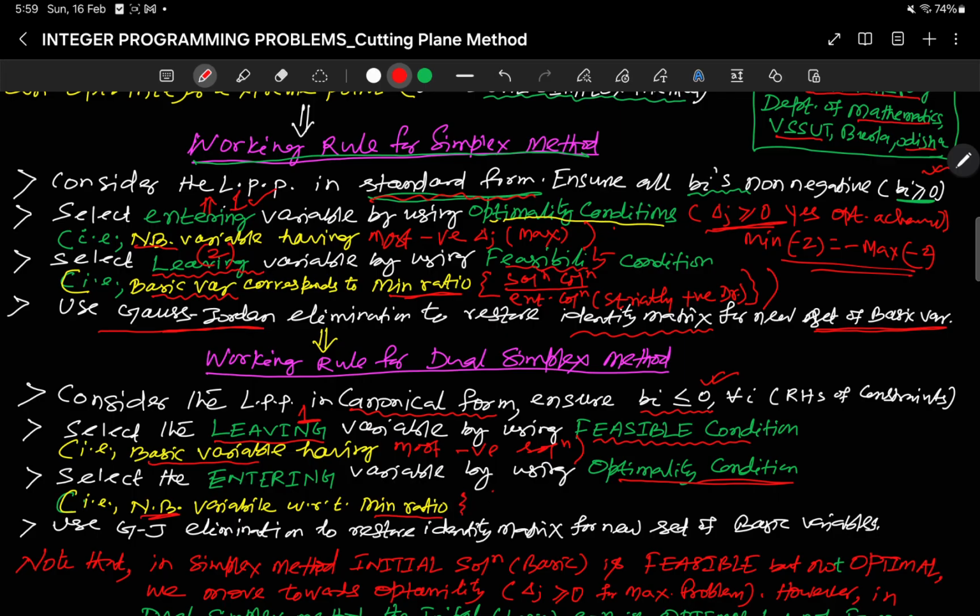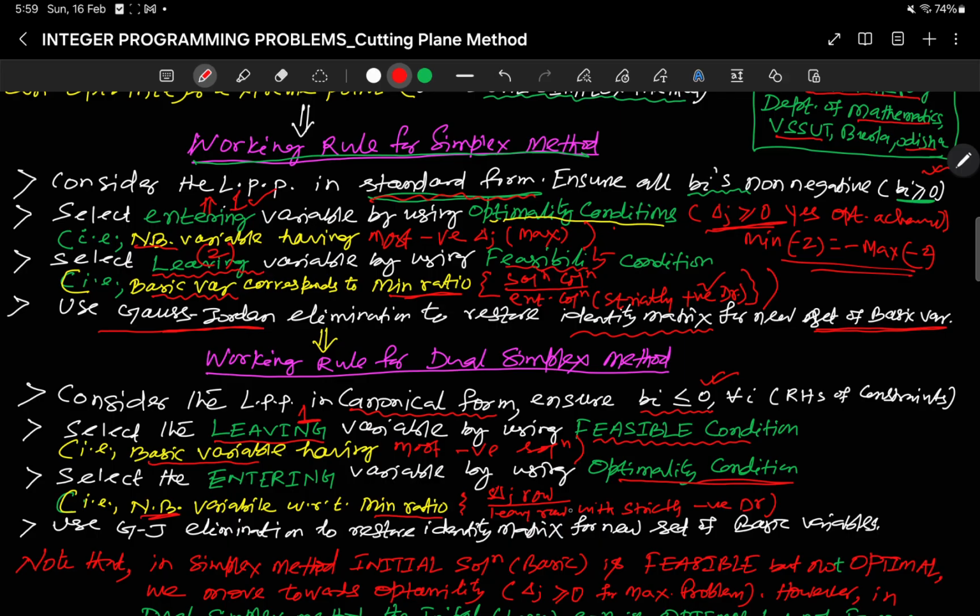Your solution row, meaning the net evaluation del j row, divided by the leaving row, and here with strictly negative denominator. In the previous simplex method we have a strictly positive denominator.